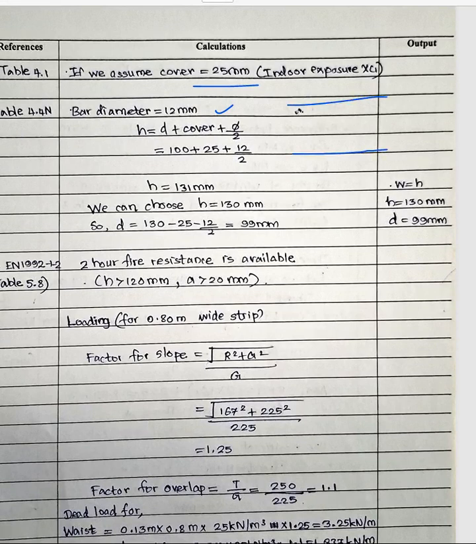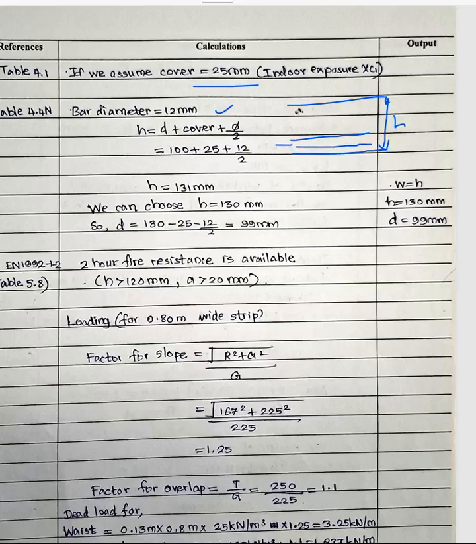In the slab there is a cover part, you can see this. This is the edge from the slab bottom to the top part. This is the bar, a T12 bar I assume.